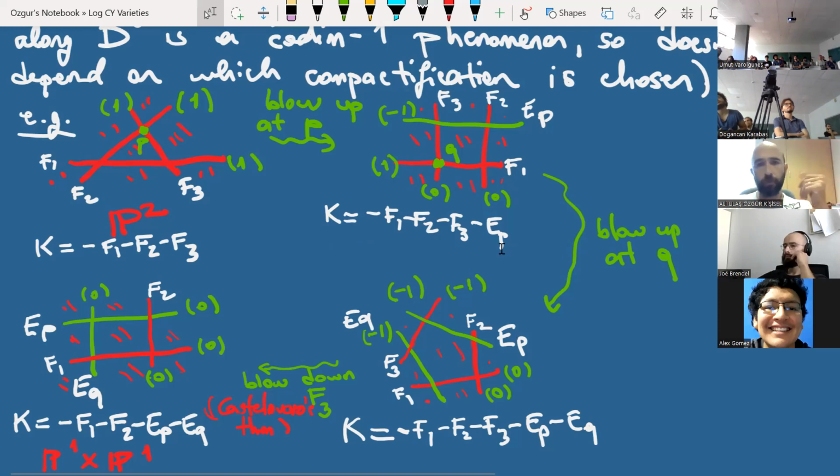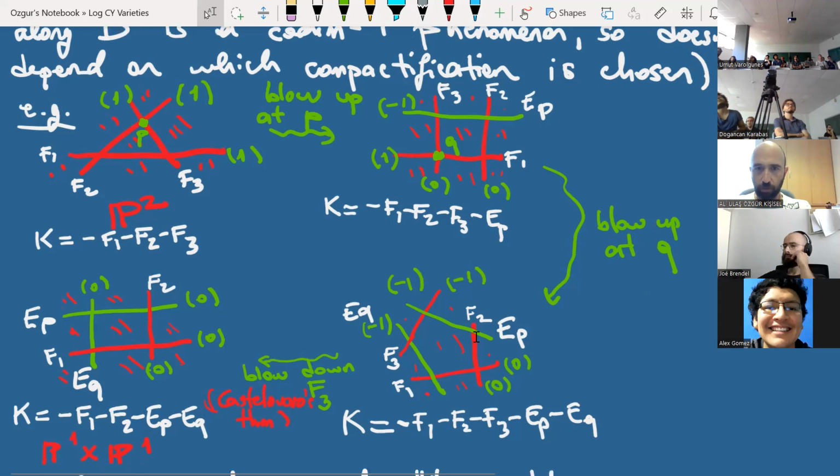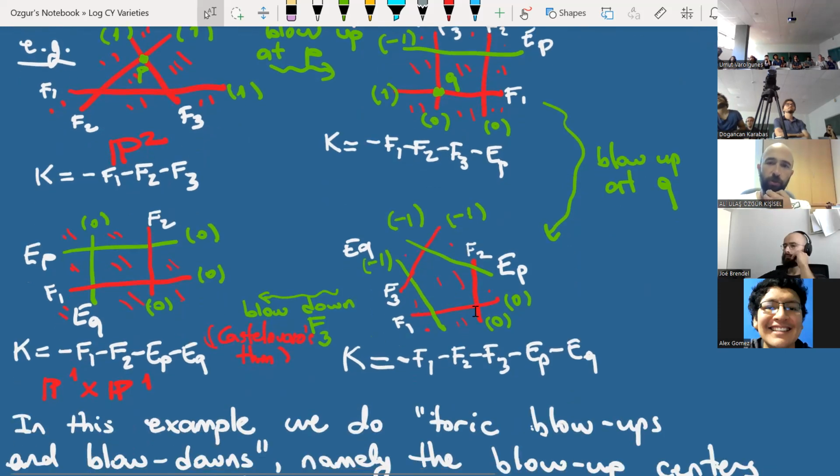Still, this K plus the totality of these 4 lines is 0, so it's still log Calabi-Yau, and further blow-ups or blow-downs at the toric points will not change that. If you blow up, for example, at this new point Q in the second picture, then you go down to this lower right corner, and then F3 becomes a -1 curve.